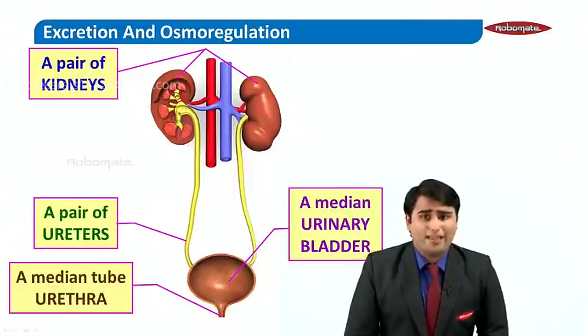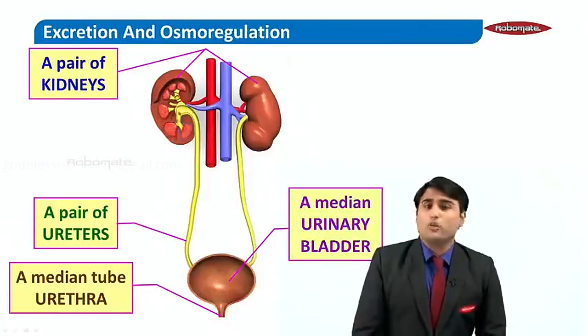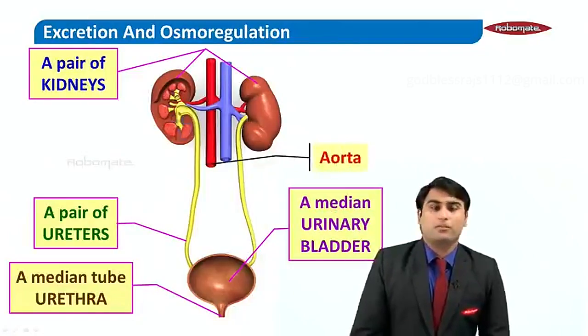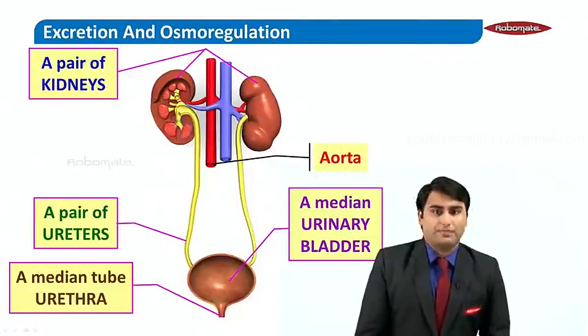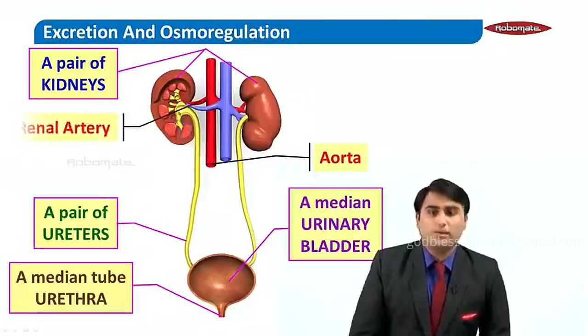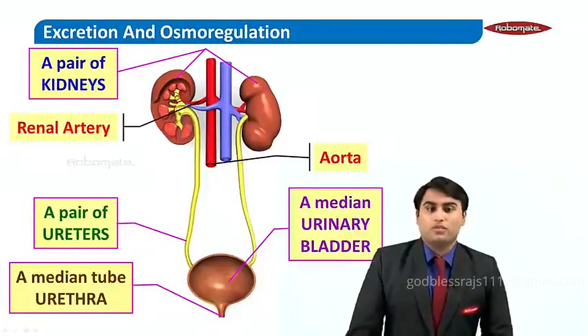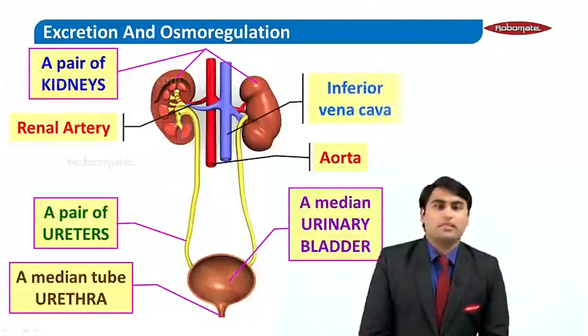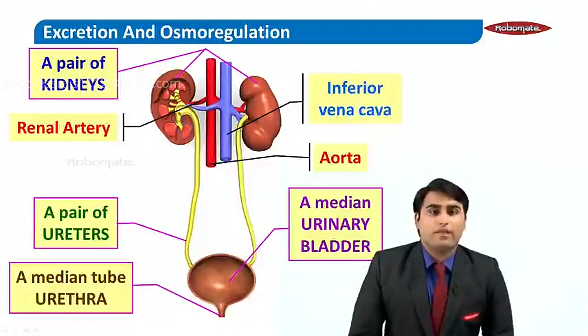Along with that, in this diagram we can see two major blood vessels supplying the kidneys. First is the big blood vessel called the aorta, which branches out into the renal artery supplying each kidney. The next big blood vessel we can see is the inferior vena cava.